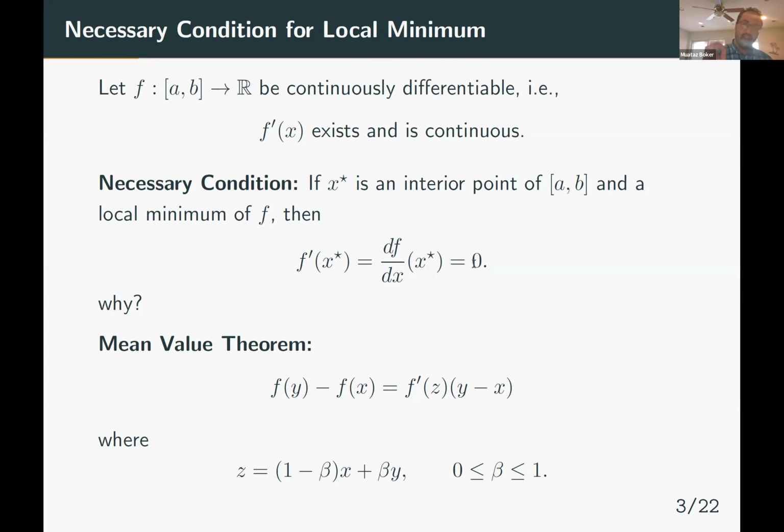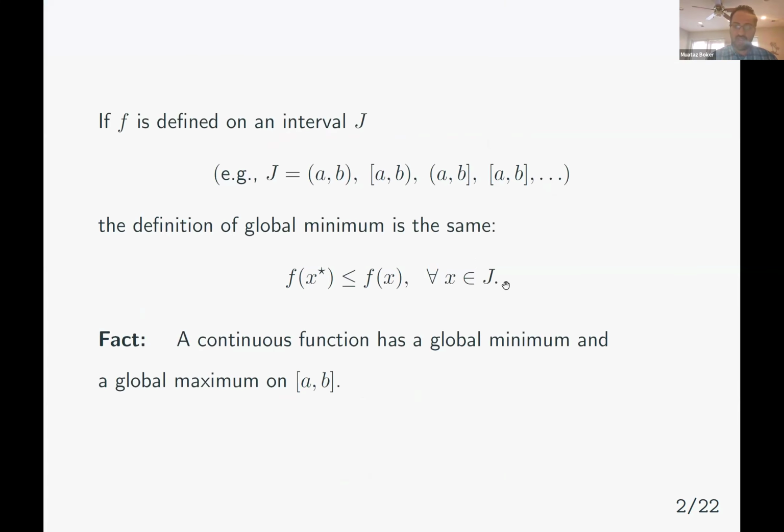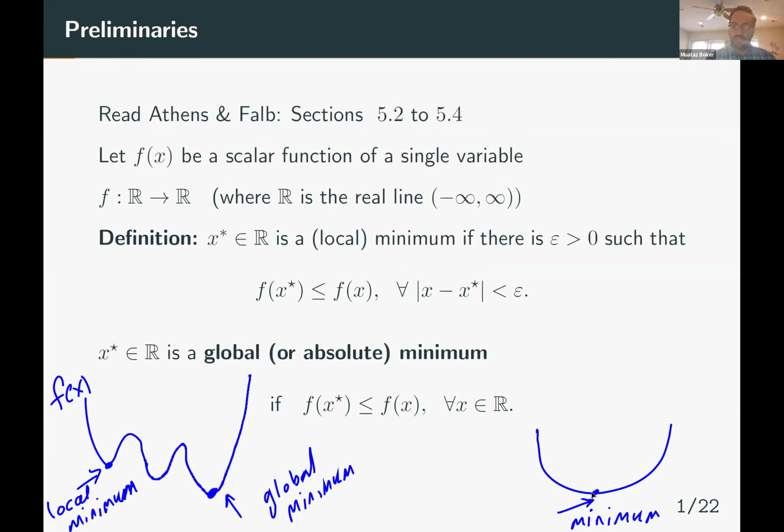So the derivative of f at the point x star is equal to 0, which is obvious from here. Again, the rate of change is equal to 0 at these points.